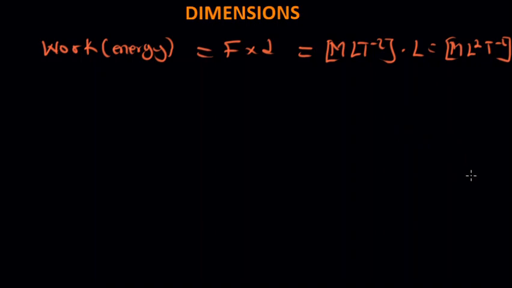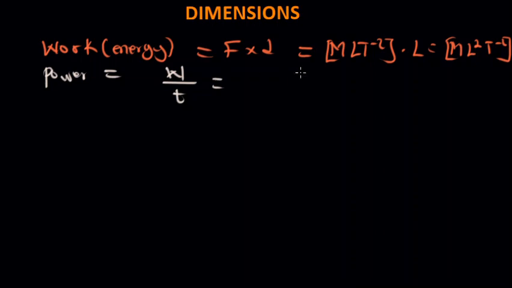So there are a few of these here. Then we have that of power. Power has a formula of work over time, the rate at which work is done, the rate at which energy is being transferred.